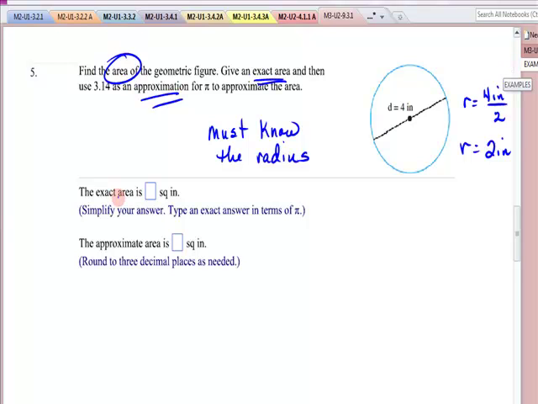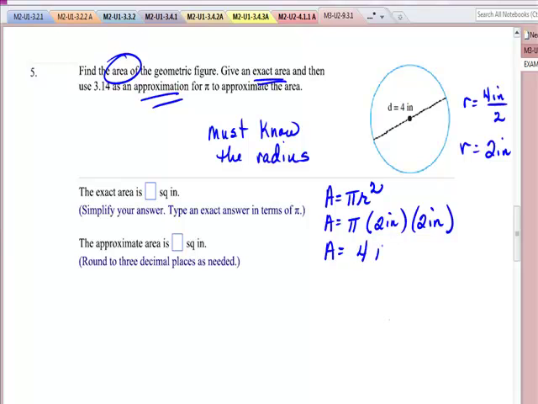So, for exact, area is pi r squared. Area is pi times, the radius is 2 inches, times that again, which is 2 inches. The area is, 2 times 2 is 4. Put down the pi, square inches. 4 pi. So the r squared became the number.